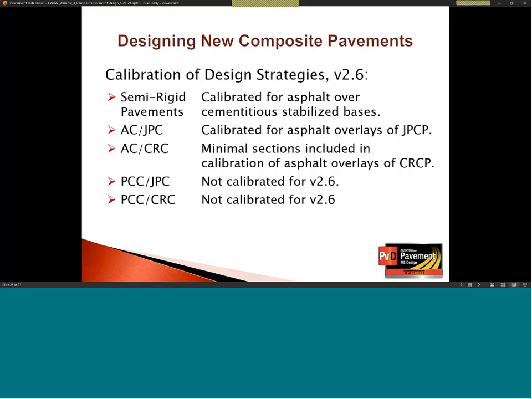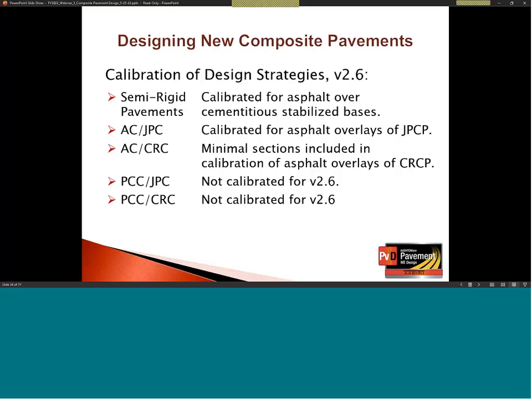Similarly, AC over CRC, and this would be Volume 1 of the SHARP 2 report. The only difference between AC over JPCP versus AC over CRC from what has been done is there were a lot fewer sections used in the calibration of AC overlays of CRCP.